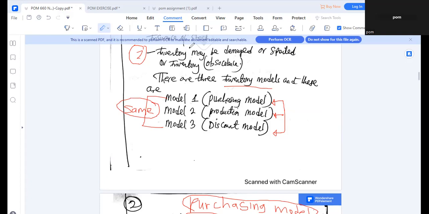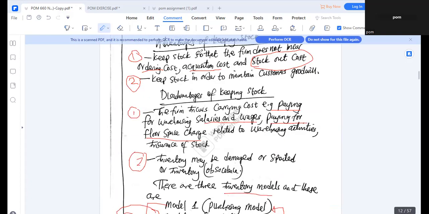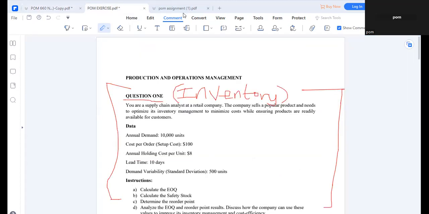So now, getting down to this assignment question, we have this question where they're saying that you are a supply chain analyst in a retail company. The company sells a popular product and needs to optimize its inventory management to minimize the cost.